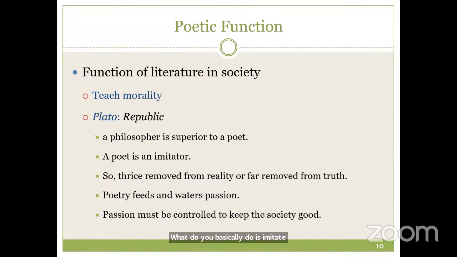You write a story, and that story has a relevance to reality, which means you are taking inspiration from existing reality, or past reality, or possible future reality, that human beings or a few people among human beings have gone through, and then taking inspiration from that, you write something in the form of a poem, a drama, a short story, a novel, or any other form. So what a poet is doing is actually imitating, right?